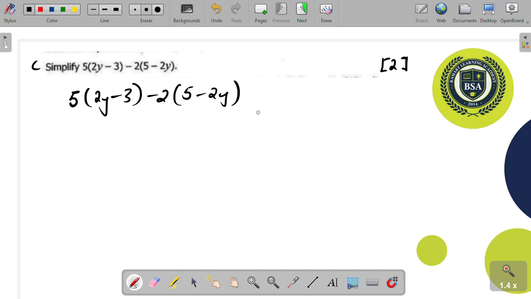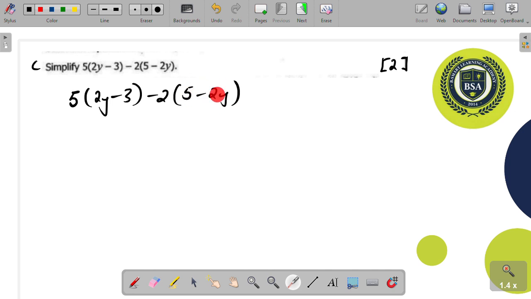So the first step that we're going to do in solving this question, pay attention, is to expand the brackets. And to expand the brackets in mathematics, it means we're multiplying 5 by everything inside the parentheses, and then negative 2 with everything inside the parentheses.